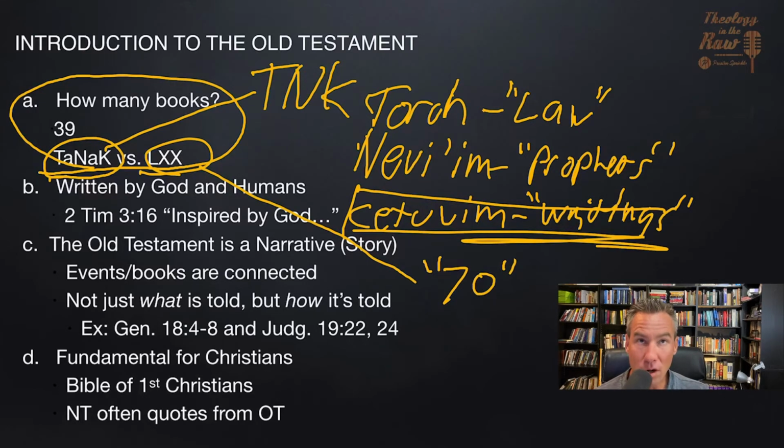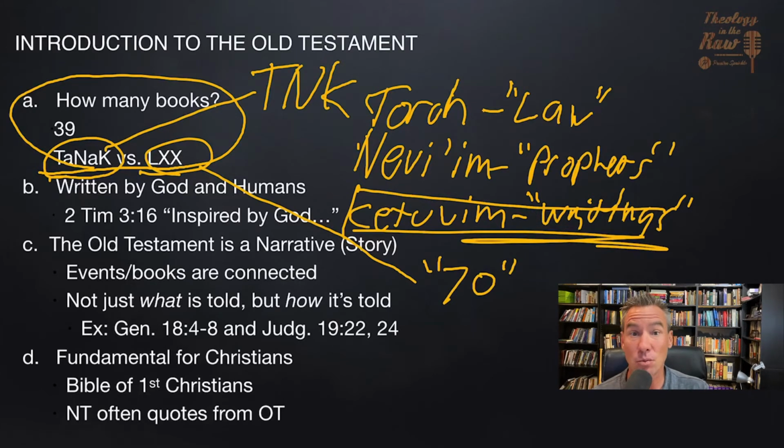And according to tradition, 70 bilingual scholars around the year 200 BC started to translate the Hebrew Old Testament into Greek in the city of Alexandria in Egypt. And this is probably for 2 reasons. Number one, a lot of Jewish people were speaking Greek and could not speak Hebrew anymore, so they needed to read their scriptures in the language they can understand.